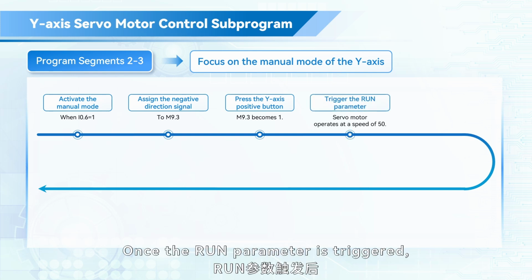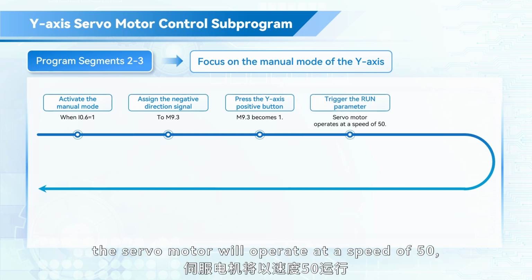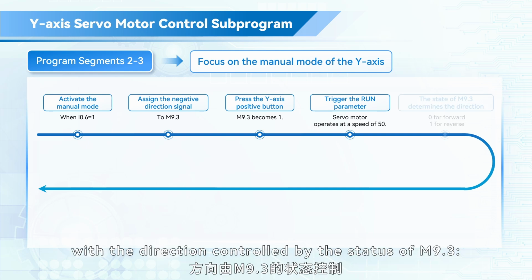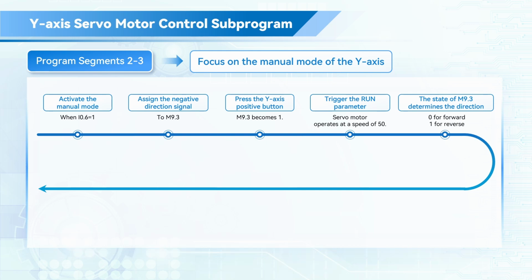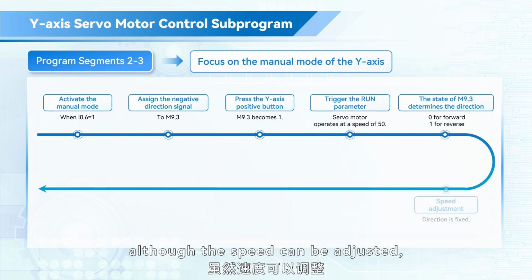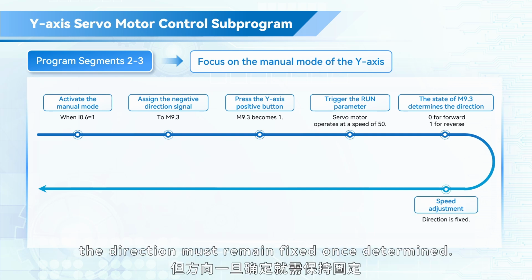Once the run parameter is triggered, the servo motor will operate at a speed of 50, with the direction controlled by the status of M9.3, 0 for forward direction, and 1 for reverse direction. During operation, although the speed can be adjusted, the direction must remain fixed once determined.